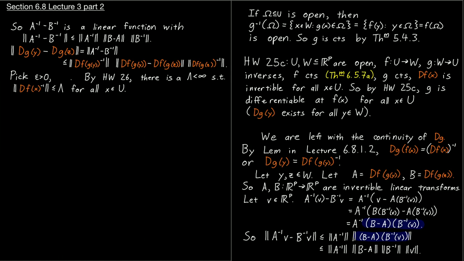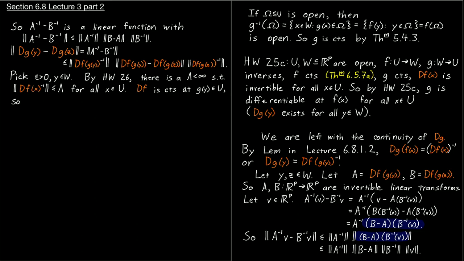And let's also go look at a particular y in w. So df is continuous at the point we're looking at, our particular y. We're showing that dg is continuous at y. So df is continuous at g of y, which remember is in u, since f is continuously differentiable.